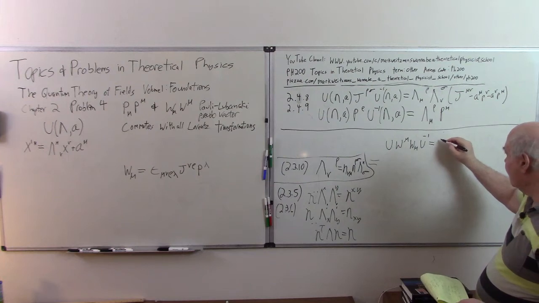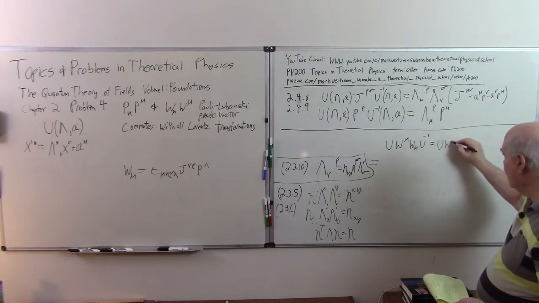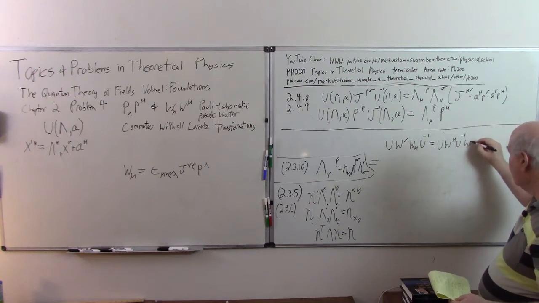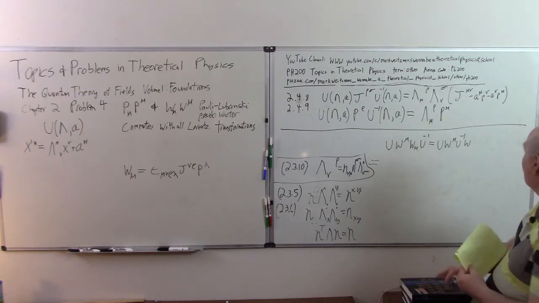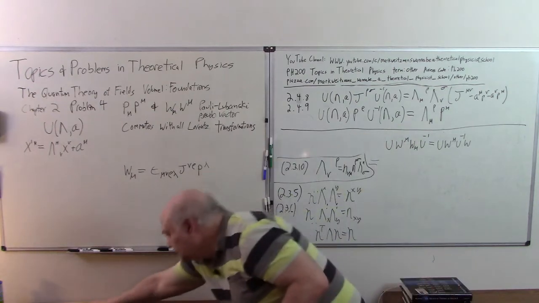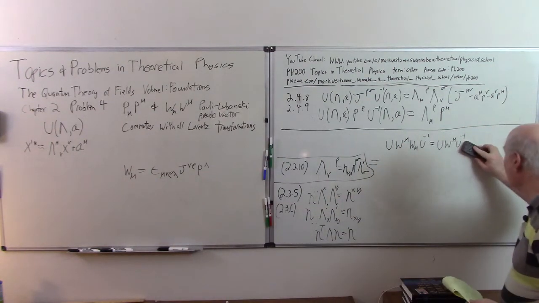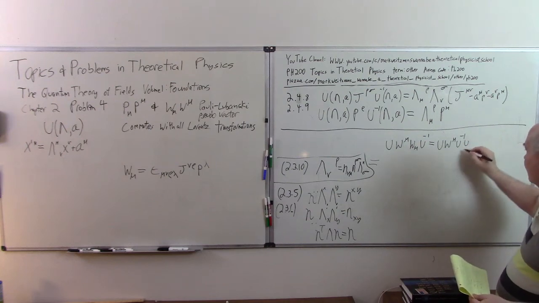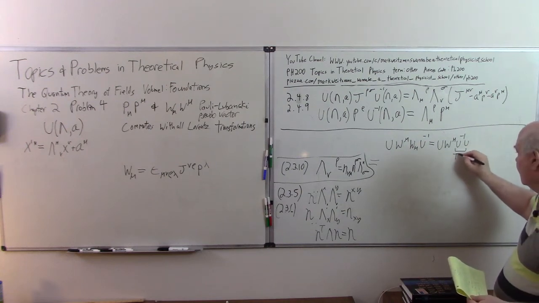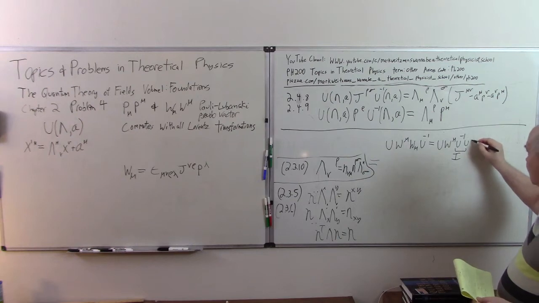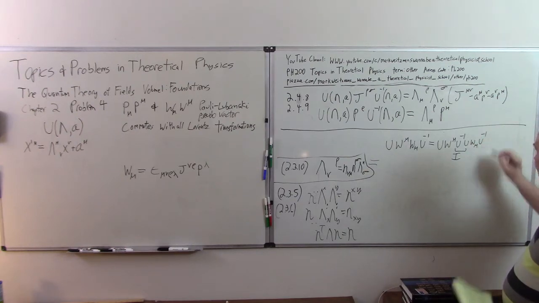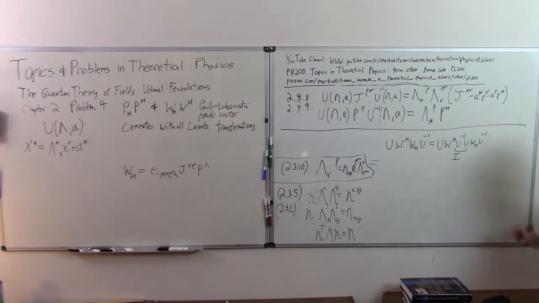We write this as U W^mu U inverse U U inverse, where U inverse U is the identity, that's why we put it in.